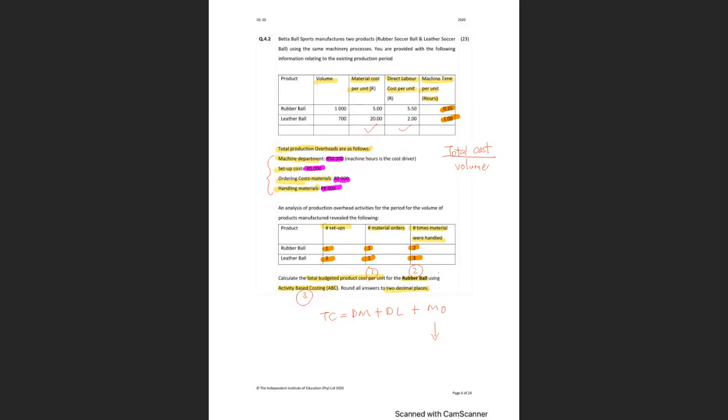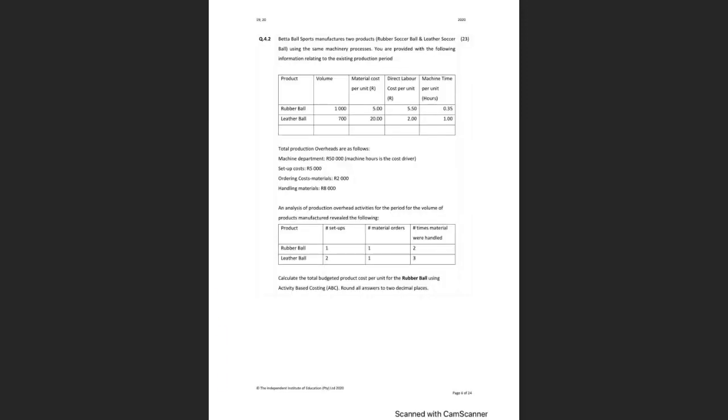So I'm just going to clear all of this and let's draw up our table calculating what the cost driver rate will be. Okay, so here you're going to say that the different overheads are, sorry, I need to draw that up again.